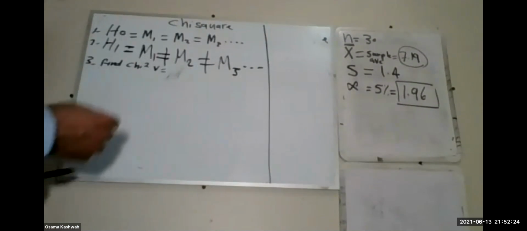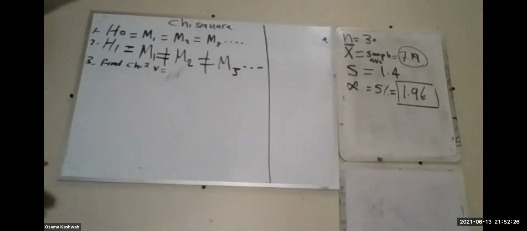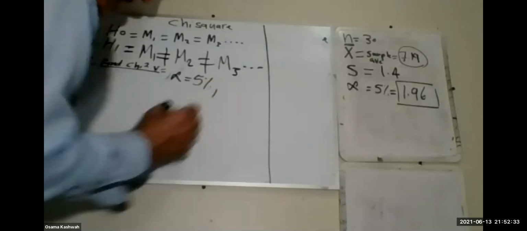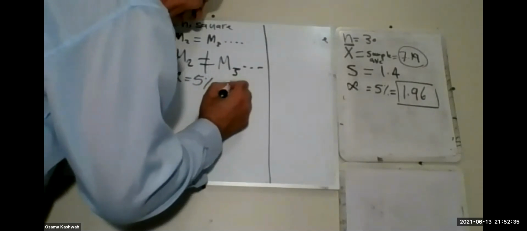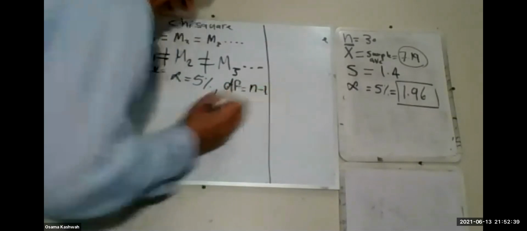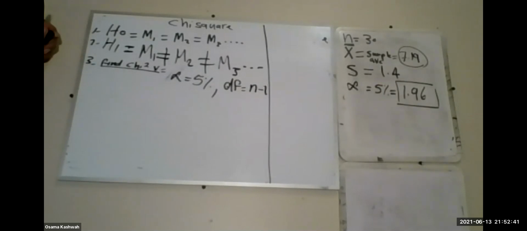Okay, I'm looking now for the third step, which is to find the chi-square value for alpha equals 5% and degree of freedom. The degree of freedom equals n minus 1. I will tell you.